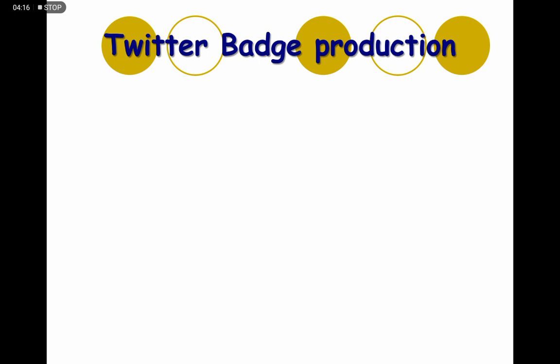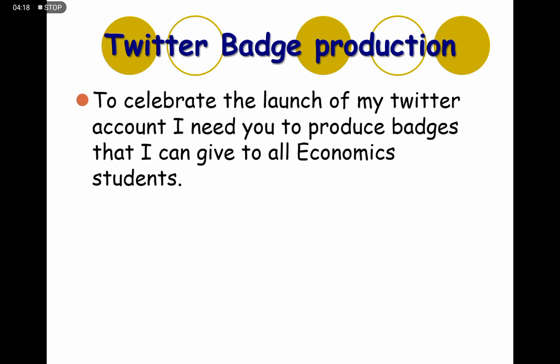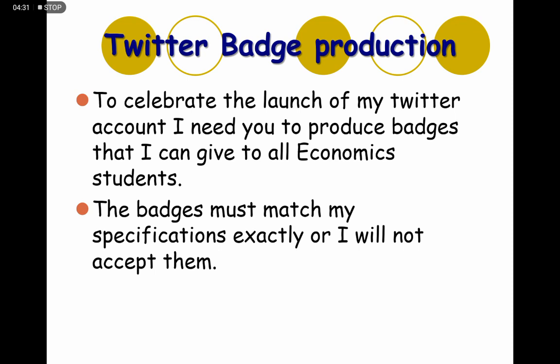So we've got that equipment, and I ask for a volunteer to come up, and here's the sort of instruction. I need badges to be made. This is the scenario, so I can give out as many badges as I can. The idea is that I describe exactly what the badge must look like.